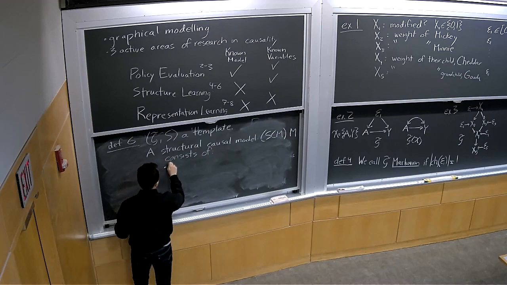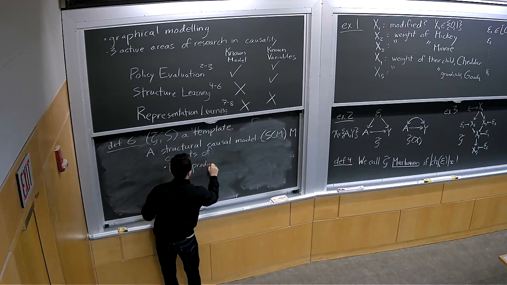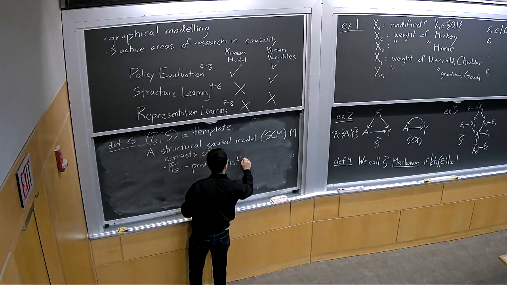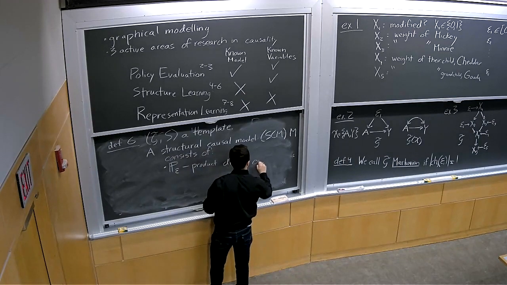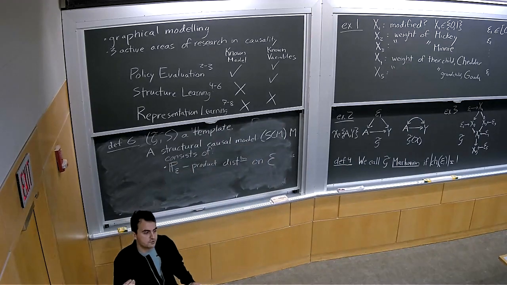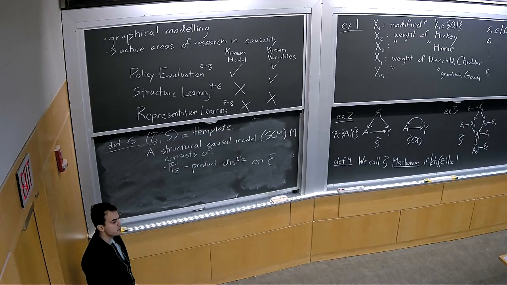So first, we're going to want a product distribution on our exogenous variables. And what I mean by product distribution is a distribution where all of these variables are independent from each other.